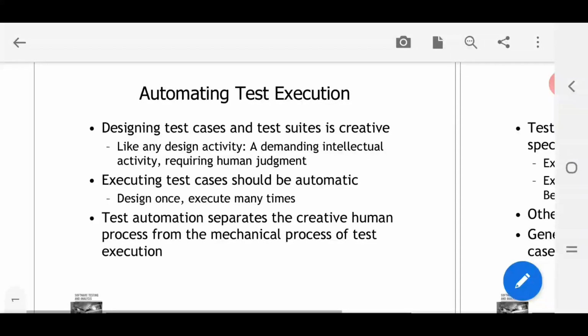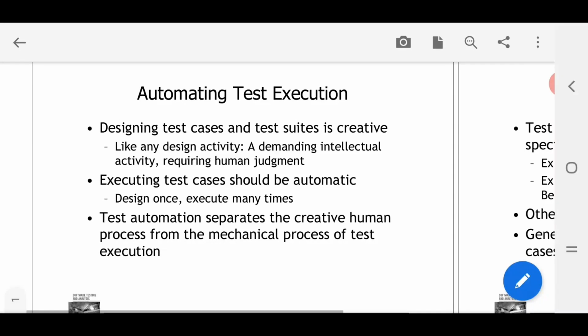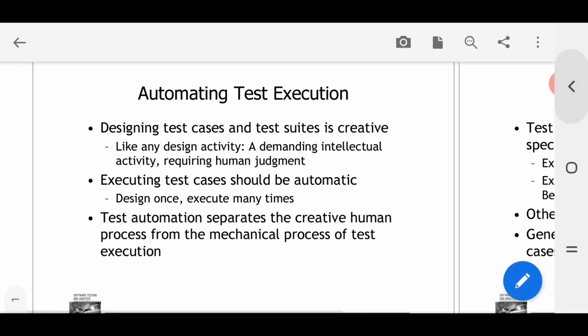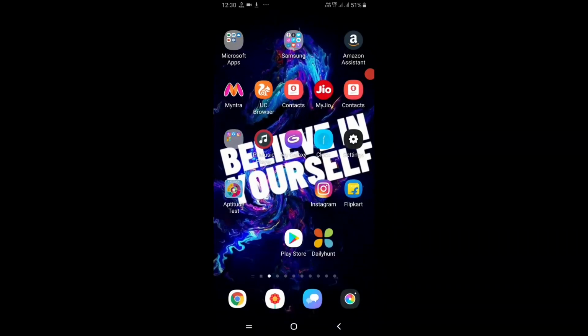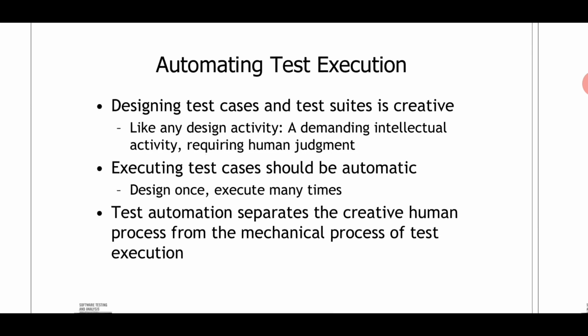You design the scripts once and execute the same scripts many times, so of course it will save time. The test automation separates the creative human process from the mechanical process of test execution.